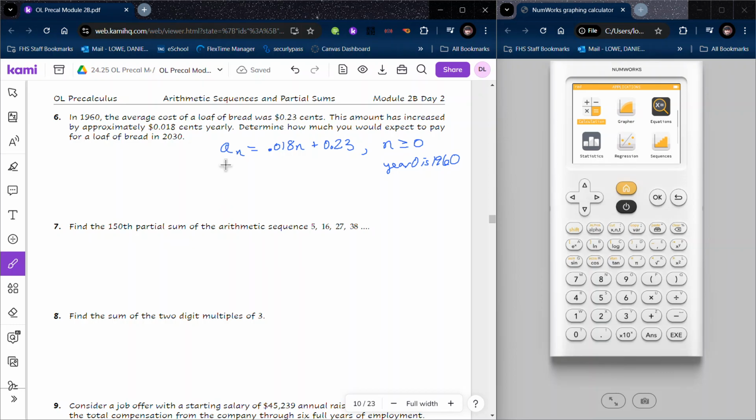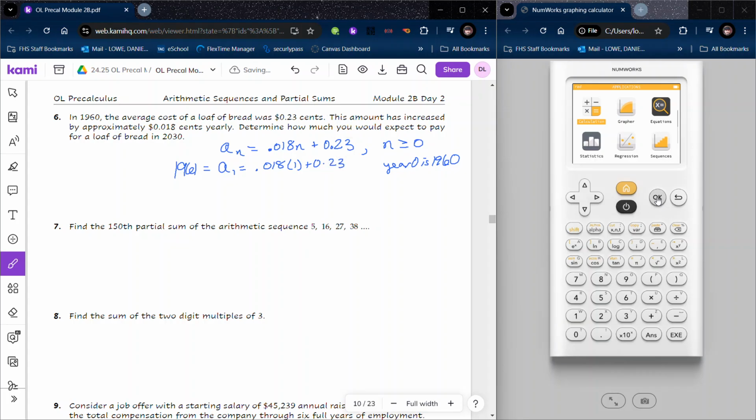So 1961 would be essentially at the end of my first year, and the expected value there would have been 0.018 times 1 plus 0.23.